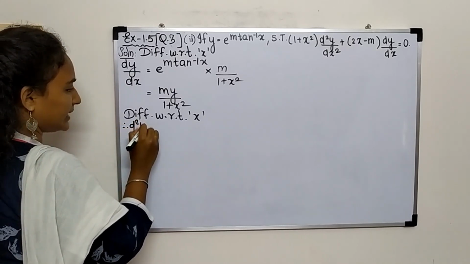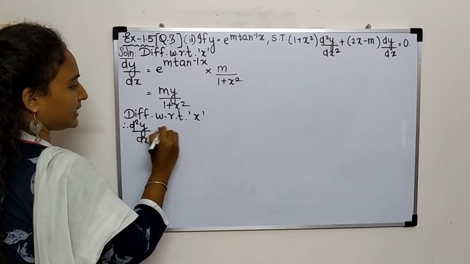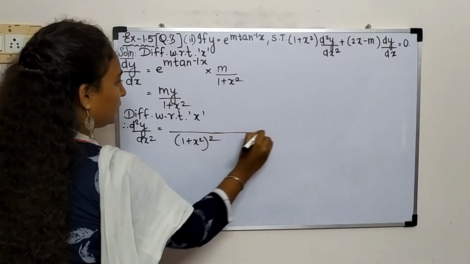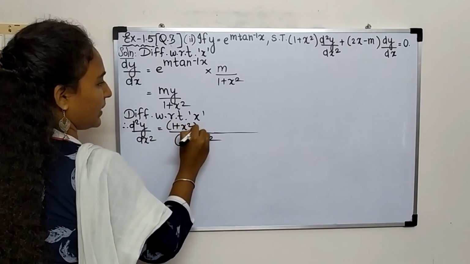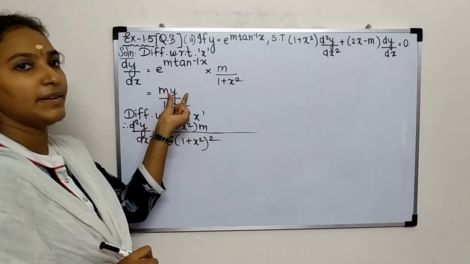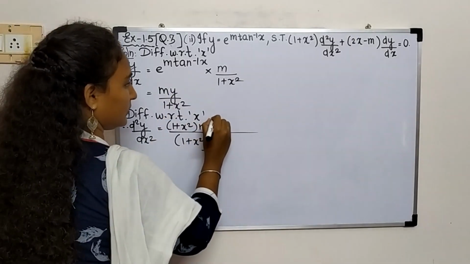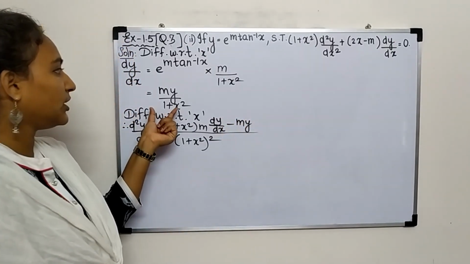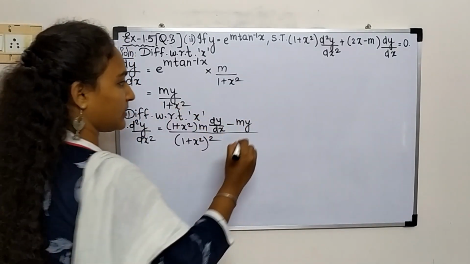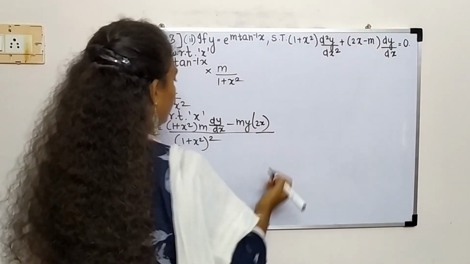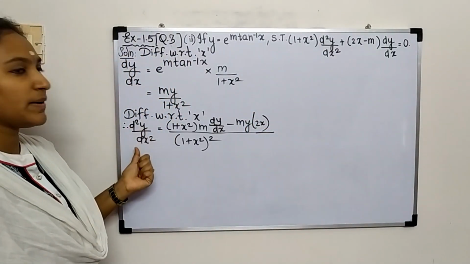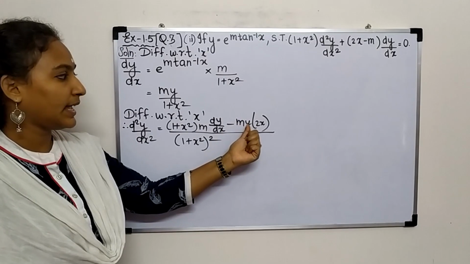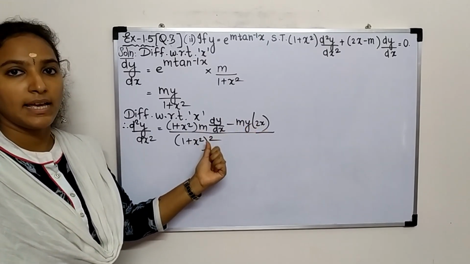Therefore, d square y upon dx square is equal to 1 plus x square, the whole square, 1 plus x square m, derivative of y will be dy by dx, minus my, derivative of 1 plus x square will be 2x. So this is your d square y upon dx square, that is 1 plus x square m dy by dx minus my 2x upon 1 plus x square the whole square.